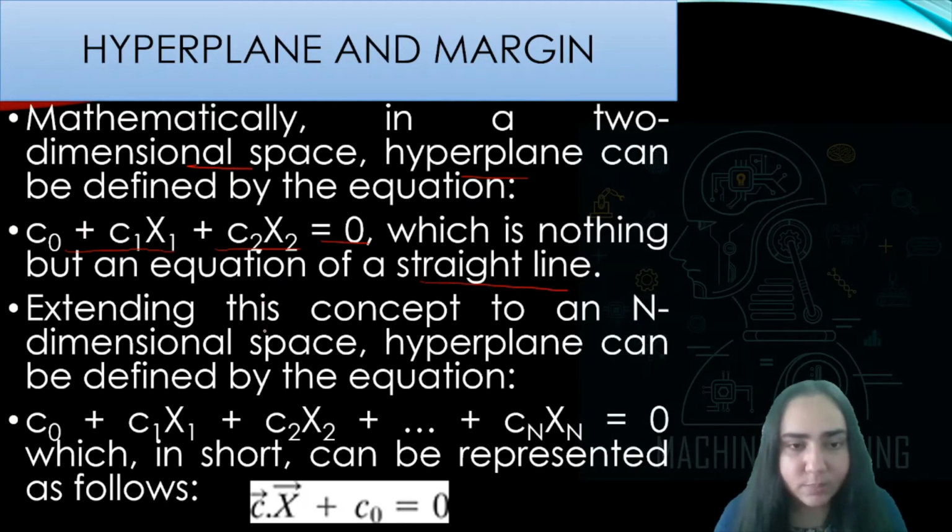Okay, but you could extend this same concept and create an n-dimensional space hyperplane, which has this equation, C0 plus C1 x1 plus C2 x2, so on up to Cn xn equal to 0, which can also be represented like this as vector C into vector x plus C0 equal to 0.